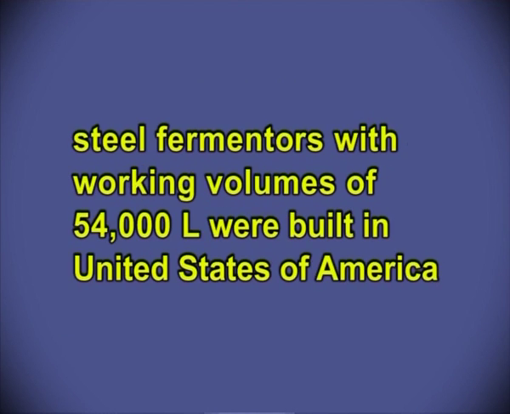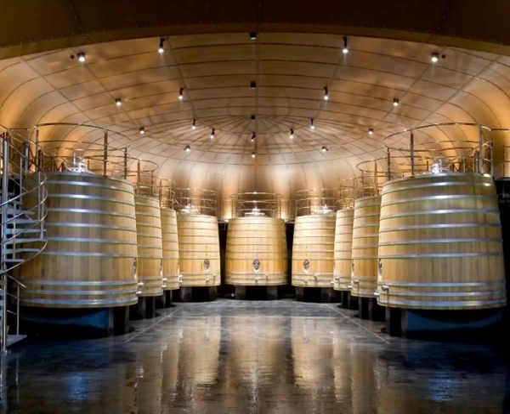For this, steel fermenters with working volumes of 54,000 liters were built in United States of America. Modern fermenters are usually integrated with computers for efficient process monitoring, data acquisition, etc. What should be the basic points of consideration while designing a fermenter?